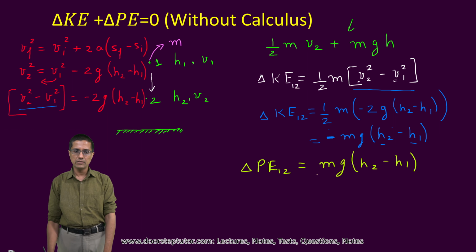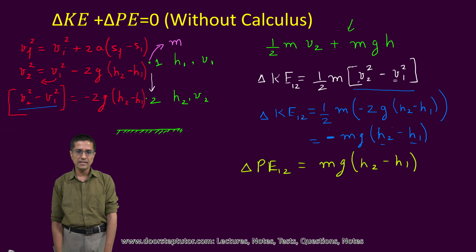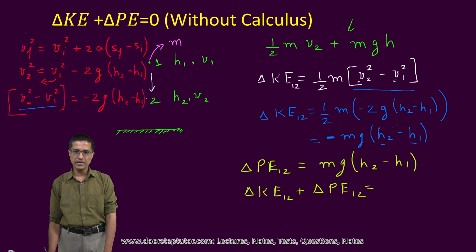Now what about delta KE 1→2 plus delta PE 1→2? If I write them together, this H2 minus H1 is the same, but the sign is negative in one and positive in the other, while the magnitude is exactly the same. So this comes out to be 0.